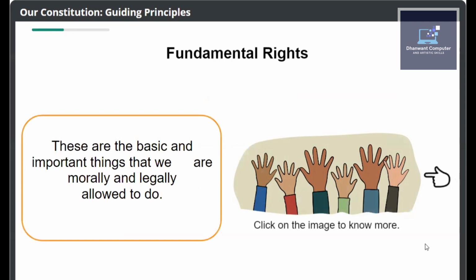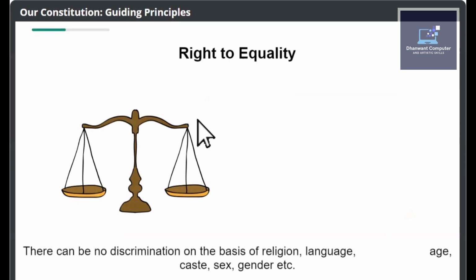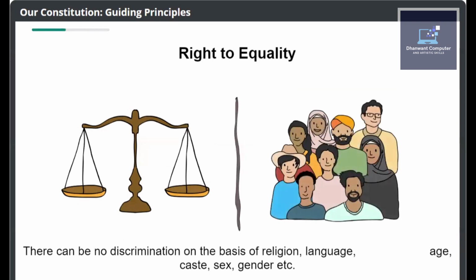Click on the image to know more. Right to equality. It includes equality before the law. There can be no discrimination on the basis of religion, language, age, caste, sex, gender, etc.